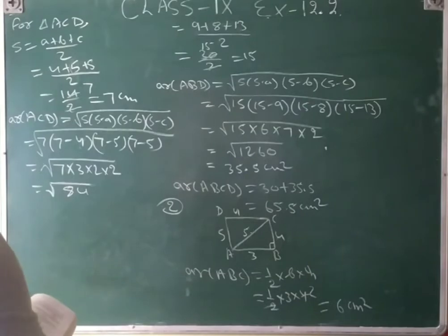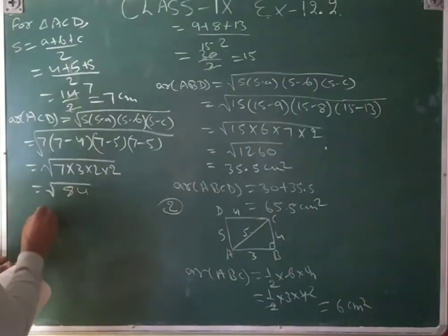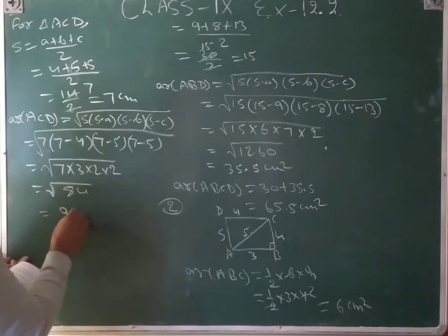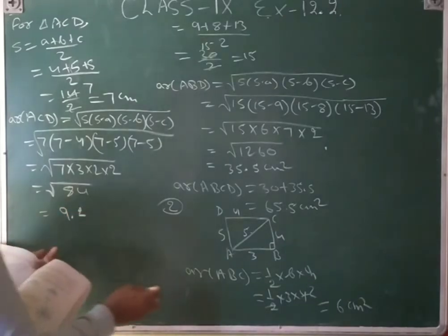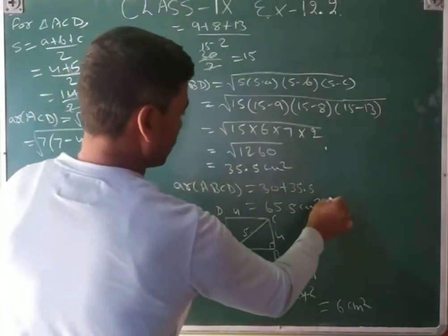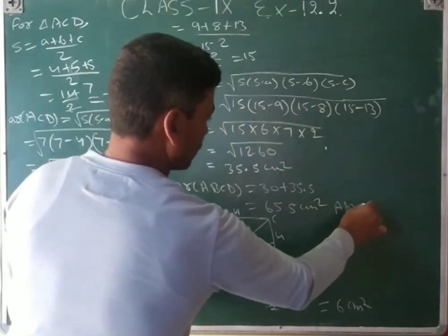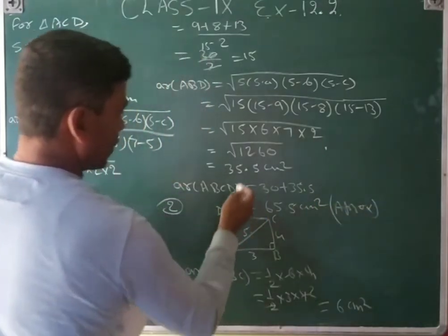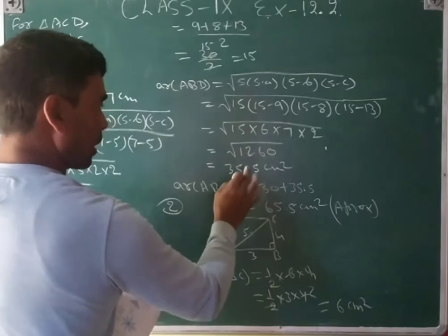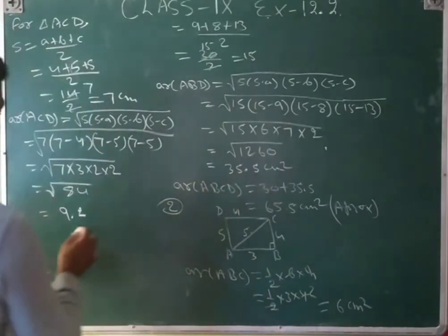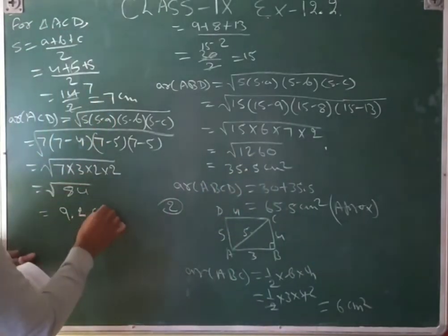That will be approximately 9, since 9 times 9 is 81. This answer is approximate, because the square root of that will not be completely exact. So this is also approx.